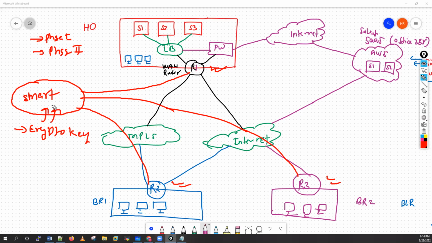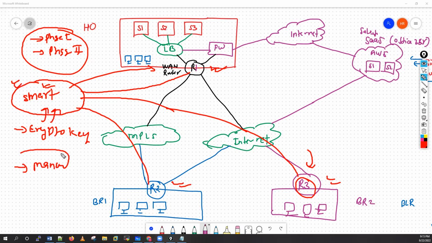So your R2 will share its crypto key with the smart device. Now this smart device will update the R2 key to R1 and R3 basically. R3 will share its crypto key with the smart device. So guys, now there is no phase 1 and phase 2 exchange. You can troubleshoot all the IPsec related issues from here, you don't need to do any kind of manual configuration, guys. All configuration will be taken care of automatically by the SD-WAN technology.